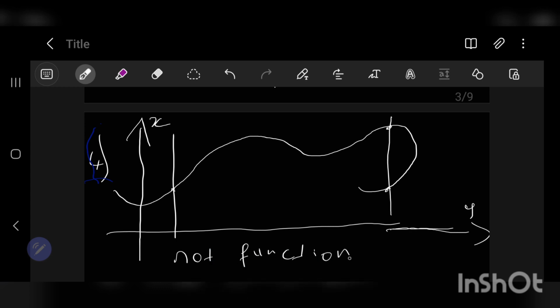This is not a function based on the vertical line test. So you draw the vertical line test on the domain that you are given, and once there's a point in a graph where the vertical line test intersects the graph in 2 points, then you can conclude.